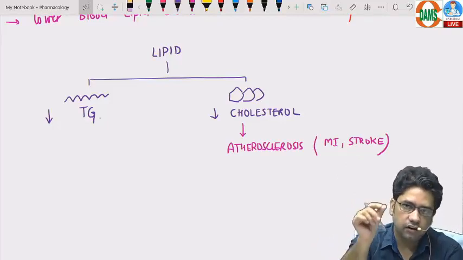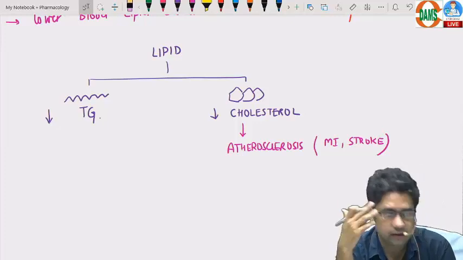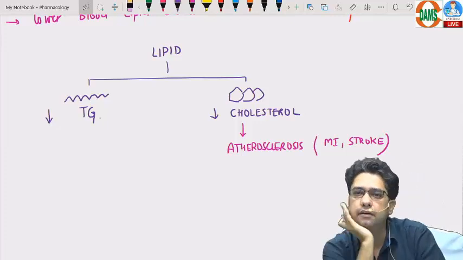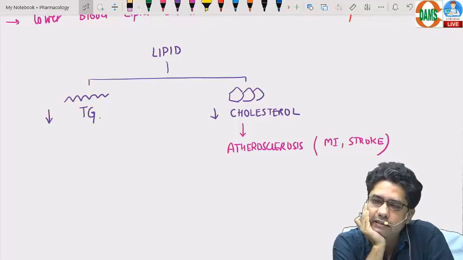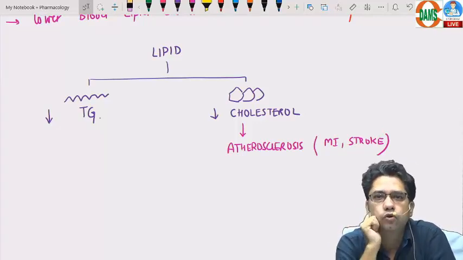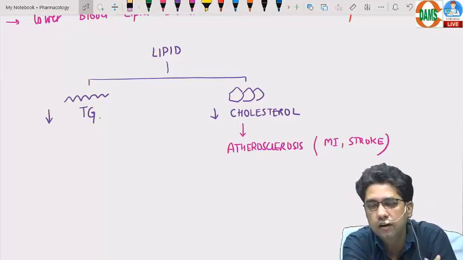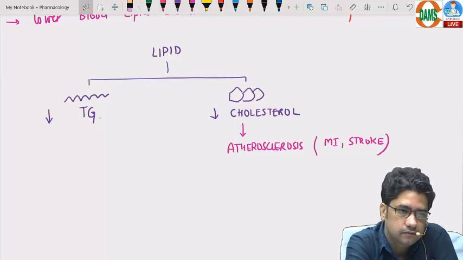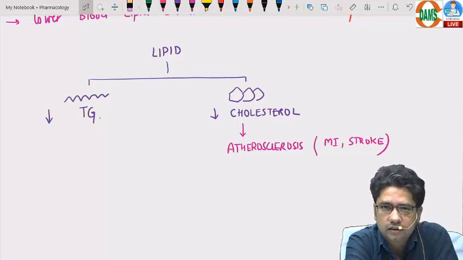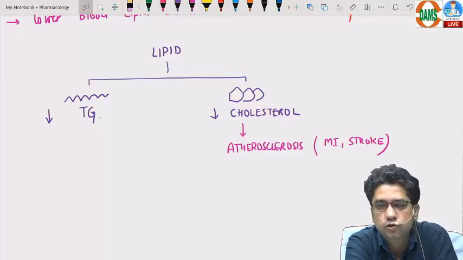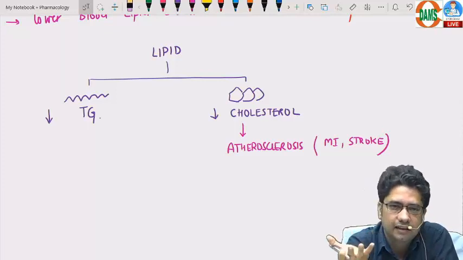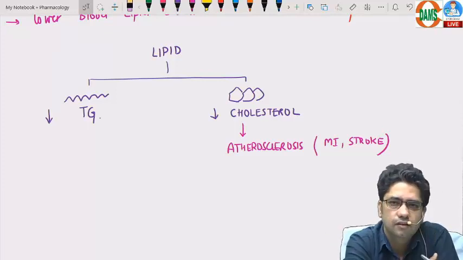Sir, any one of you can tell me that if triglyceride levels are high, what complication it can lead to? Sir, triglyceride, why they are bad? In which disease high level of triglyceride leads to complication of the, मतलब triglyceride से क्या problem आती है?